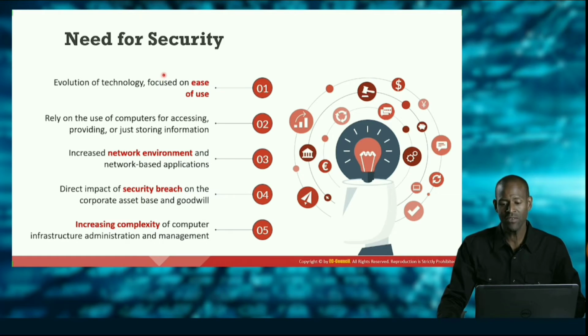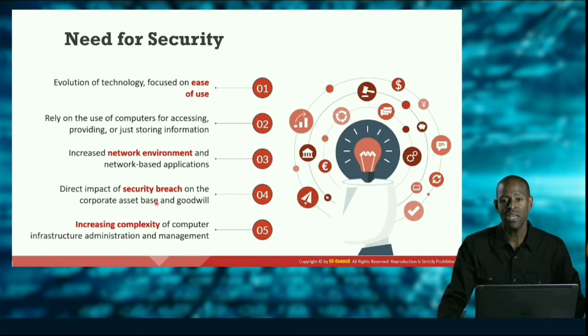Usually it's focused on ease of use. We want to make it as easy to use as possible. Also, we rely on computers for everything: accessing, providing, storing information, and we have network environments of various types, from on-premise networks to the cloud, to IoT, to OT networks, to wired networks of various types, to wireless networks of various types. Man, quite a lot.